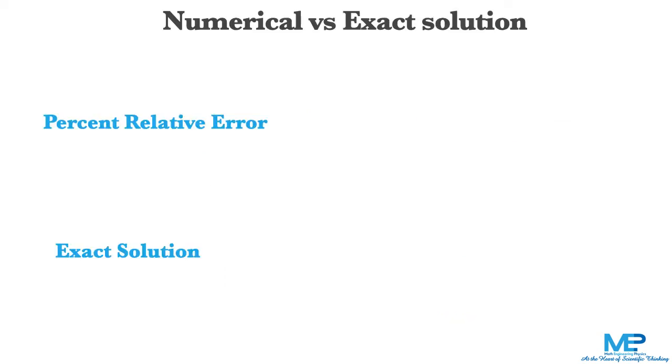Is there any difference between the exact and numerical solution? Why does this value differ from the one obtained using trigonometry? The error, which is given by 0.41%, is due to the numerical calculations performed in the last steps.